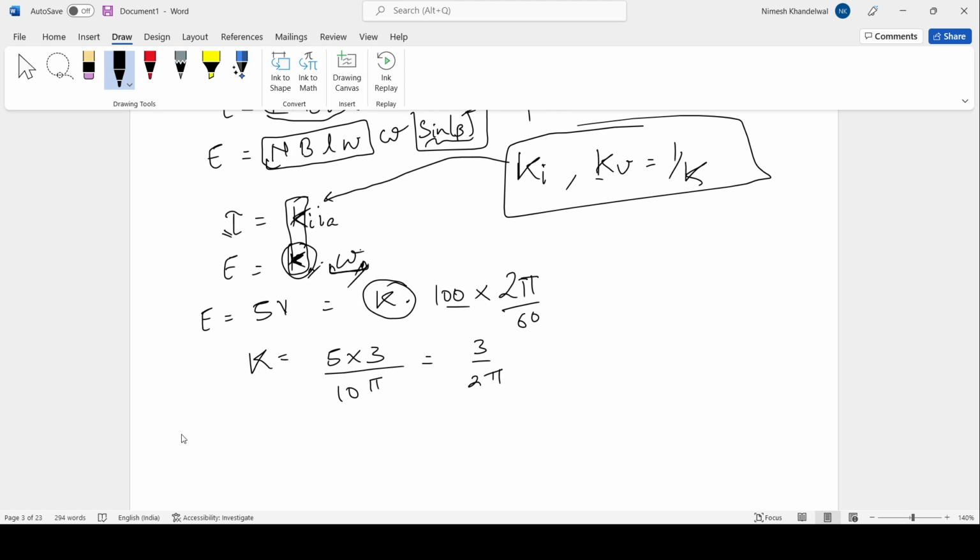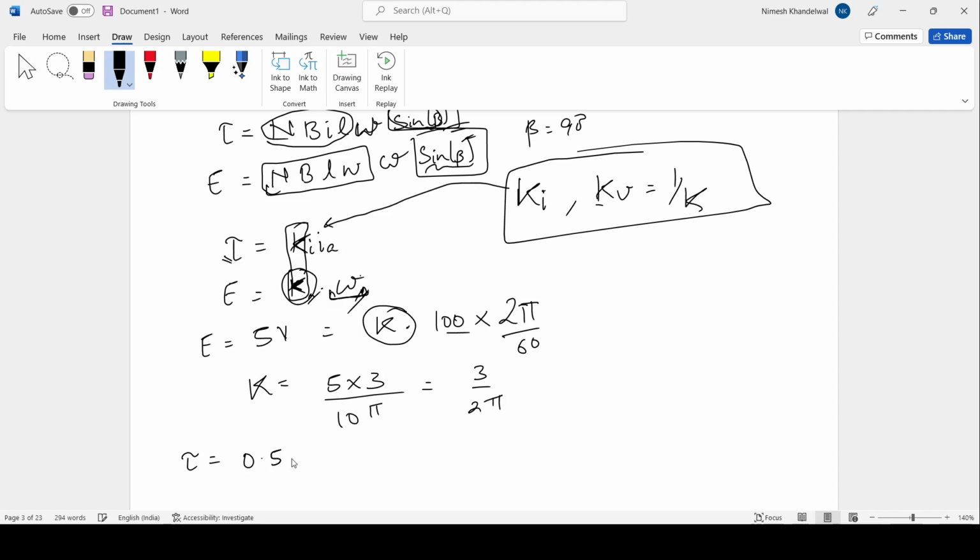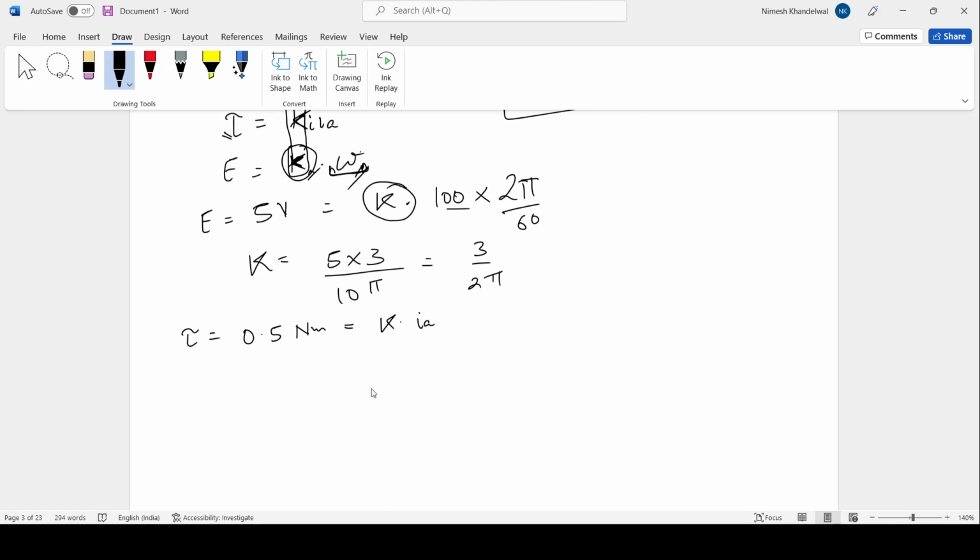Now we have been given that we want the torque to be 0.5 Newton meter. This is equal to K times I_A, right? So from this equation, we can see what should be the armature current.